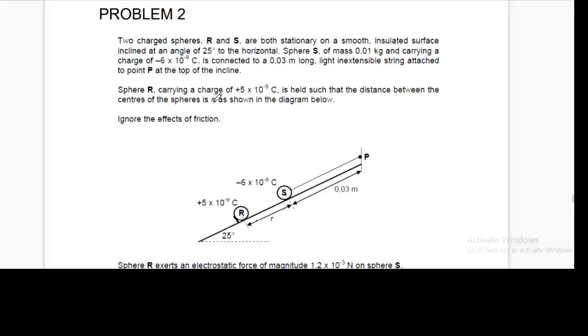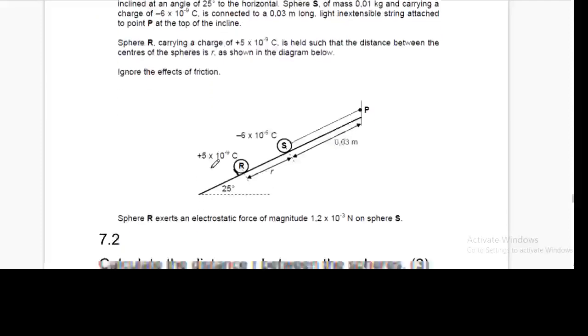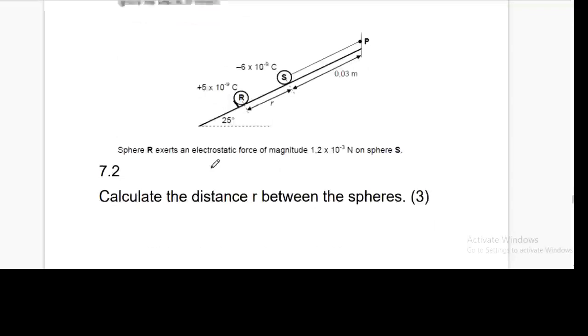Sphere R carrying a charge of 5 nanocoulomb is held such that the distance between the centers of the spheres is R, as shown in the diagram below. Ignore the effects of friction.